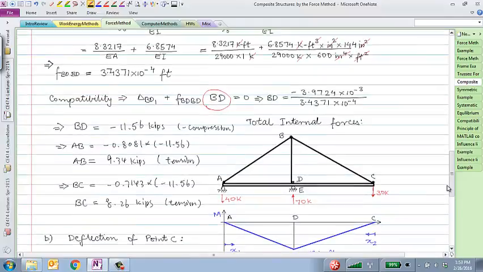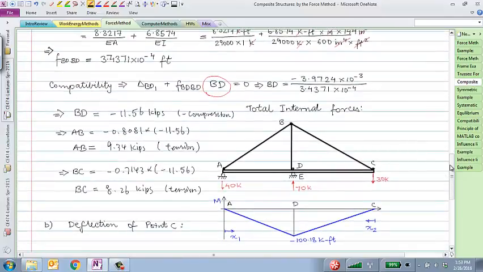Yeah, so right here, once you find that the member BD is in compression, hopefully you can see that from your intuition as well. If I'm going to apply a load here, then BD is going to be compressed, which is going to push back on point B, and AB and BC both would come into tension. Hopefully that makes sense. All right.